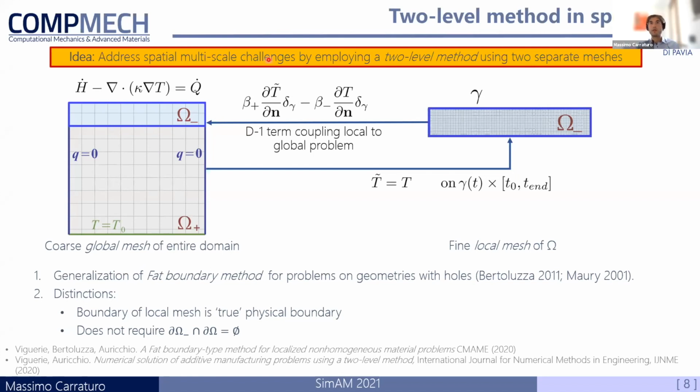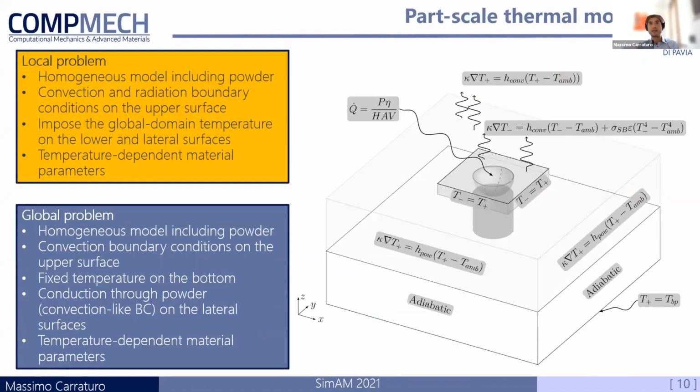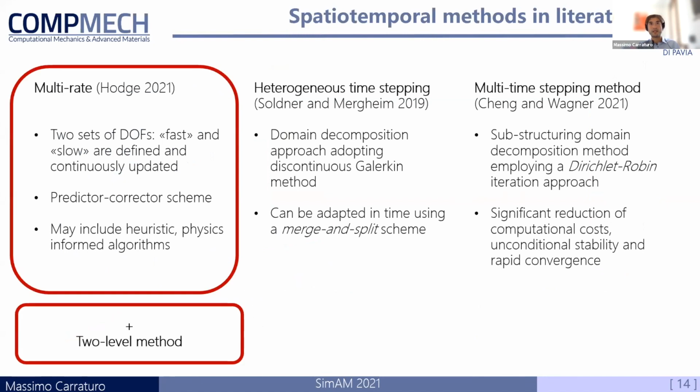Well, in the original implementation of the method, as only a spatial multi-scale method, the time step size for the global problem and the local one is the same. Instead, in the novel formulation that I have presented, we use a multi-rate approach.